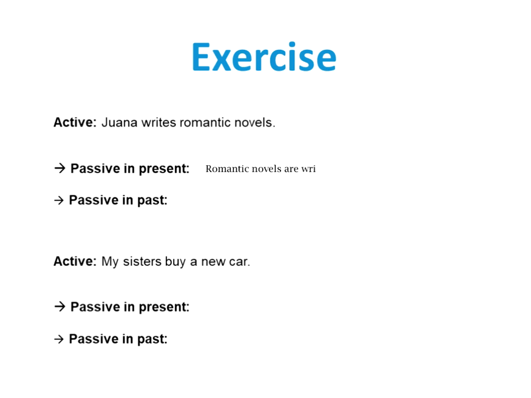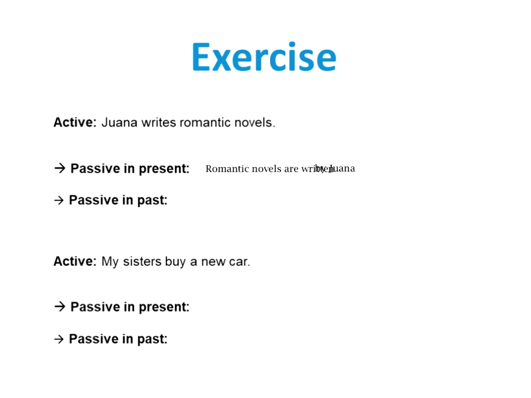Romantic novels are written by Juana. As you can see, the object is now in the first place of the sentence, then the to be verb, and finally the past participle form.